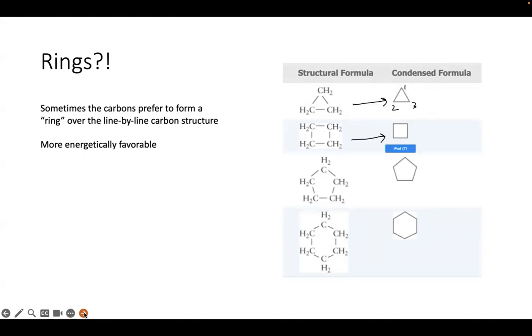Here's a 6 carbon ring, 1, 2, 3, 4, 5, and 6. This is most common, but you'll see OWL generates a lot of examples with all different kinds of numbered rings. But in our body and stuff, a 6-membered ring is the most common.